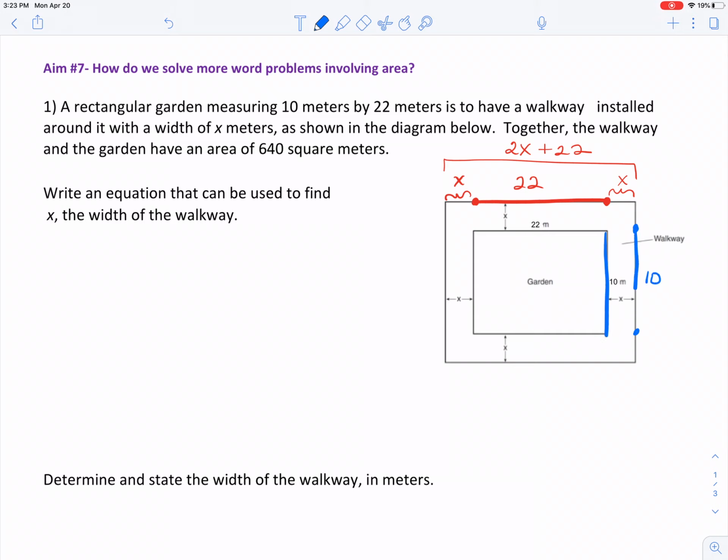Then from here to here is x, and from here to here is x. So when I add the 3 pieces together, x plus x again is 2x, plus the 10 from the middle, that's the garden. So the equation we would use would be 2x plus 22, that top dimension, times the side dimension 2x plus 10, is equal to the area 640.